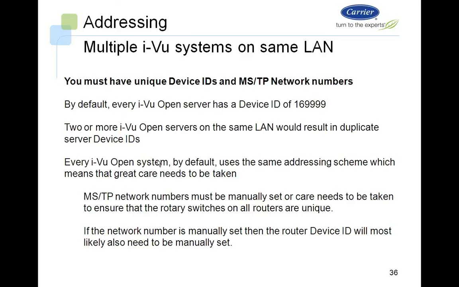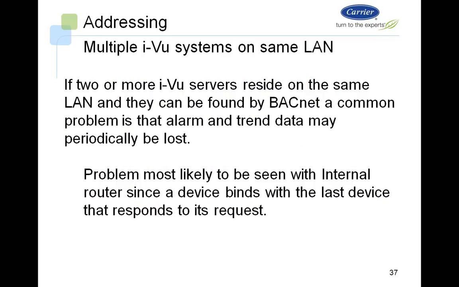One of the problems that you can run into is if you have two or more servers on the same LAN that can be found by BACnet. A common problem that results from this is that alarm data and trend data may be permanently or periodically lost, because trend data and alarm data is sent to the server based upon the device ID.